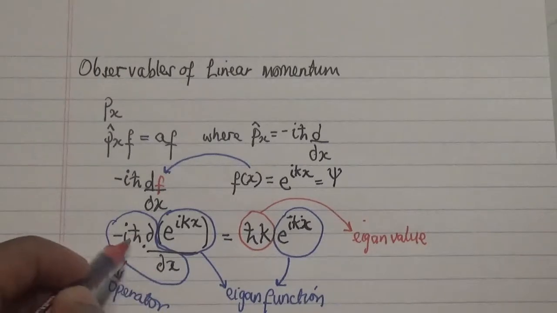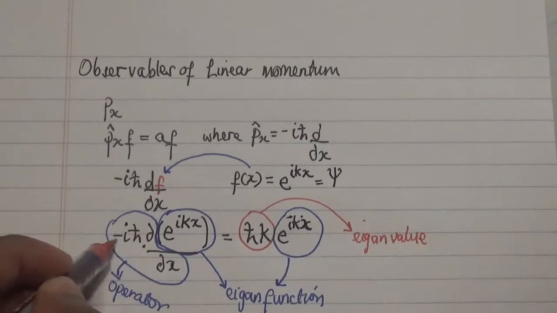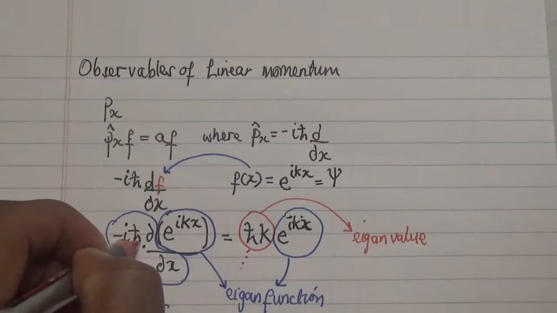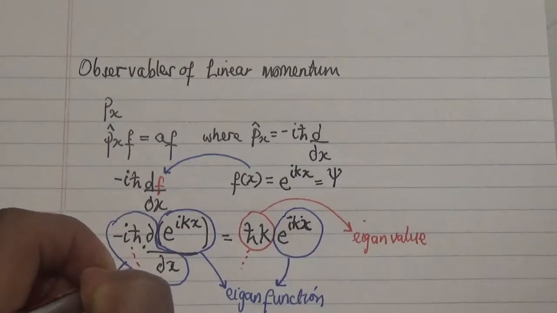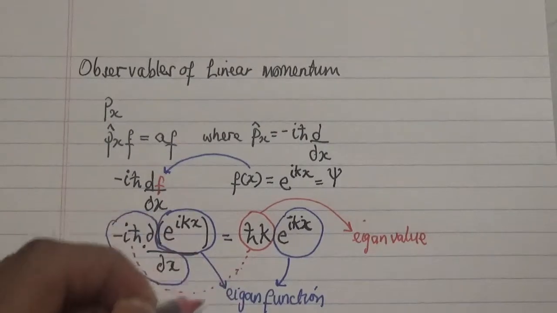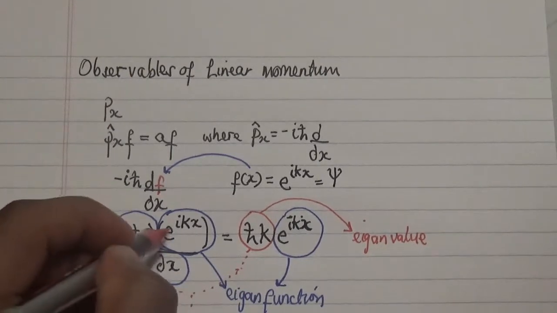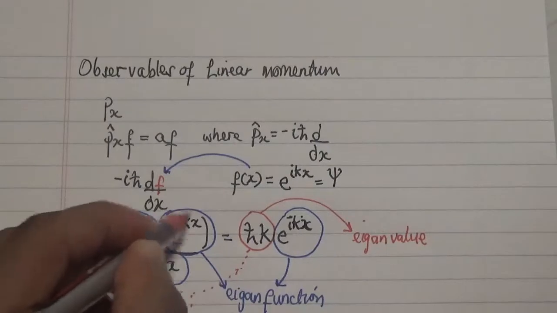To be sure that we got this right, let's do the calculation on how we got from this case to this case. We know that i h bar is being multiplied by the derivative of this function.